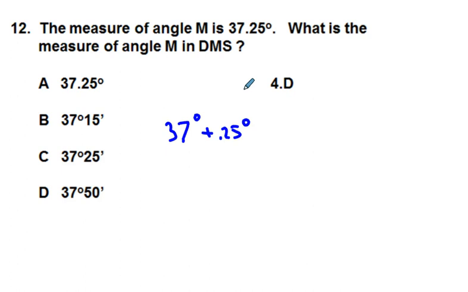How do we change this 0.25 degrees? We have to remember that 1 degree is equivalent to 60 minutes. So we take this 0.25 and multiply it by 60.